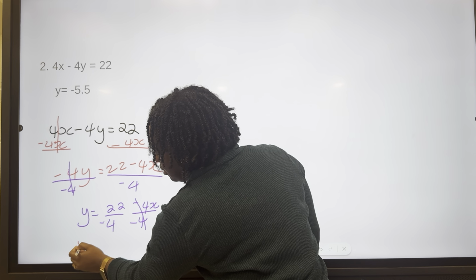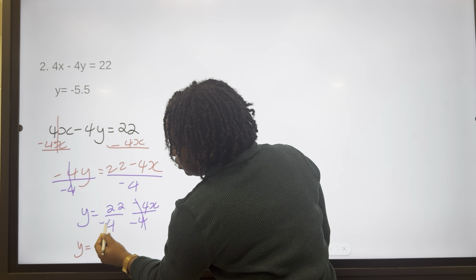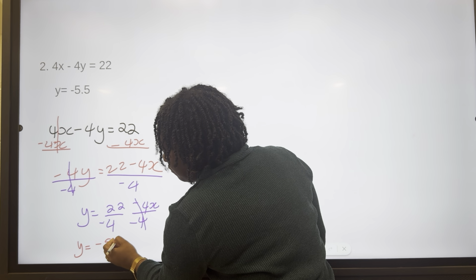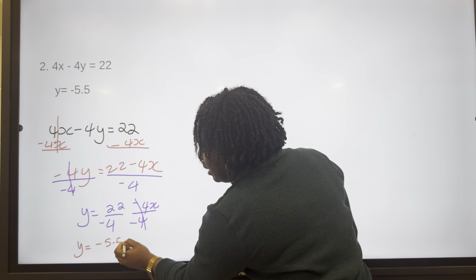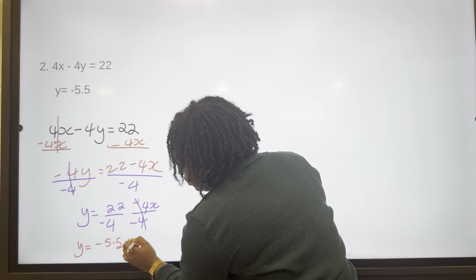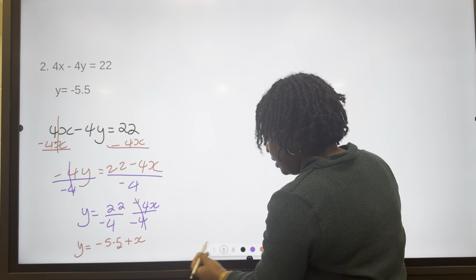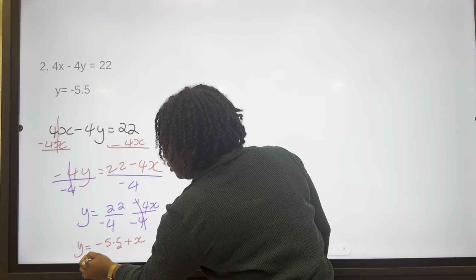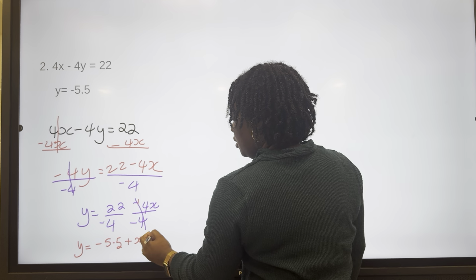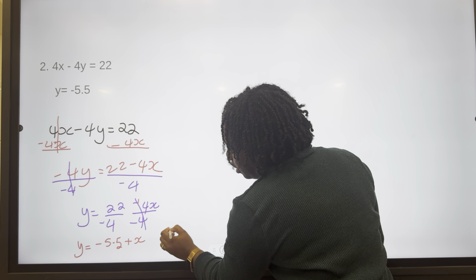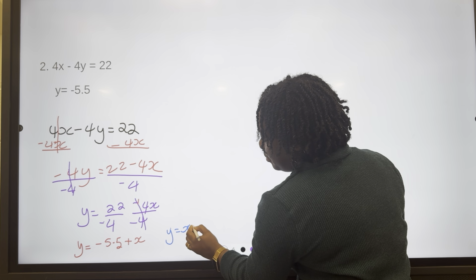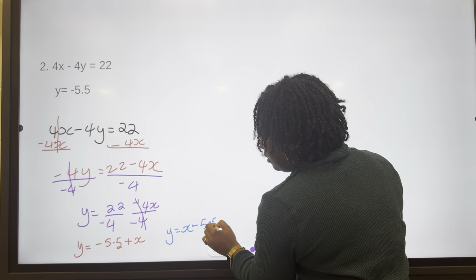This is going to be y equals negative 5.5, and these two are going to become a plus. So that's going to be x. And I'm going to write it now in the slope form. So that's y equals x minus 5.5.